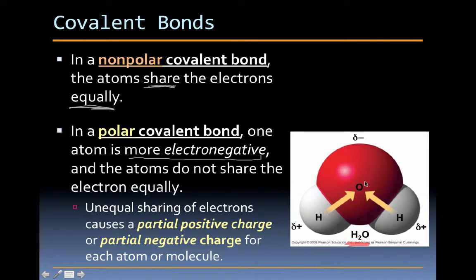The oxygen atom is very electronegative, and therefore the shared electrons spend more time in its vicinity, giving this end of the molecule a partial negative charge, which we represent with the delta negative. It's a partial negative. The opposite end of the molecule, where the hydrogen atoms are, doesn't get as many electrons, and so this end of the molecule is partially positive. So we have 2 poles to this molecule due to the polar bonds.